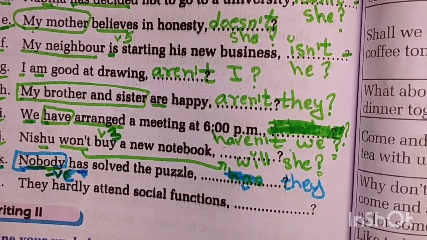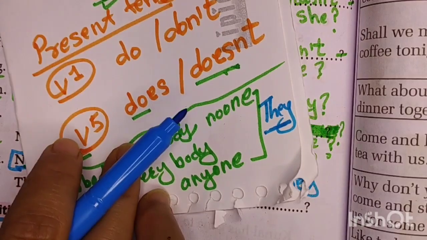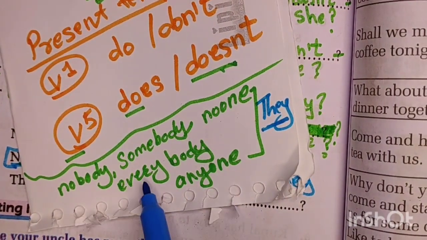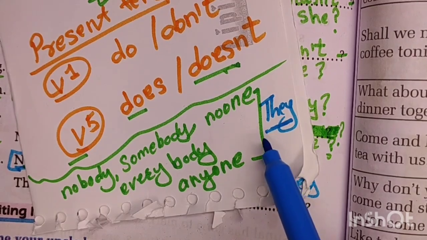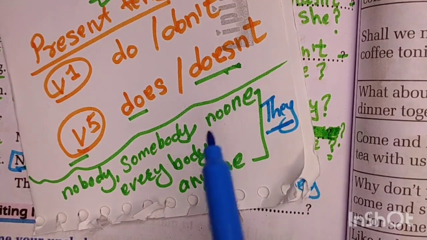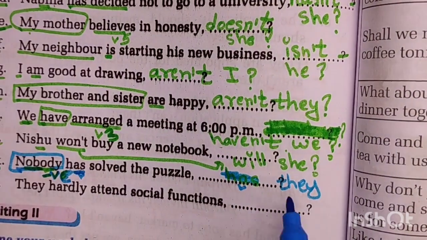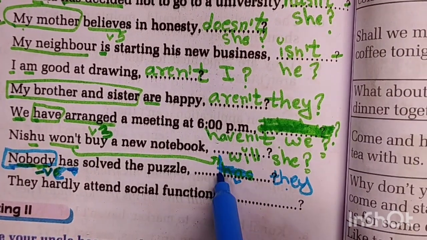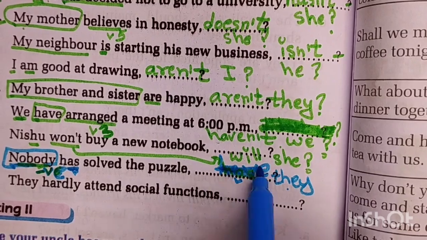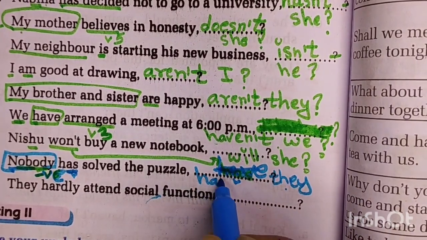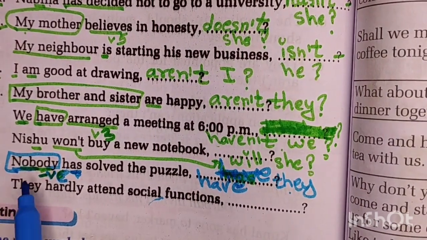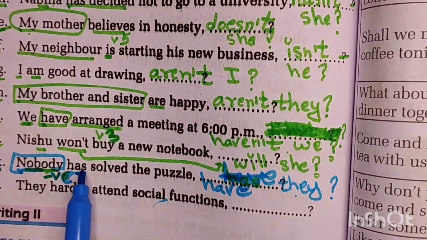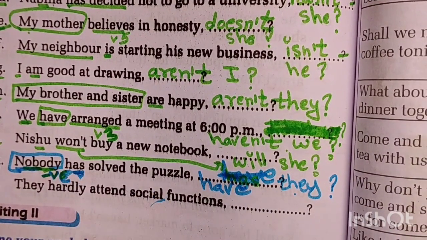This is a rule. Look at this. Nobody, somebody, no one, everybody, anyone will be changed into they in a question tag. And this they is plural, and plural takes have. So the answer is have they. Nobody has solved the puzzle, have they?